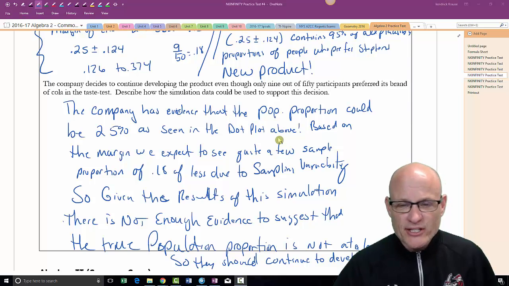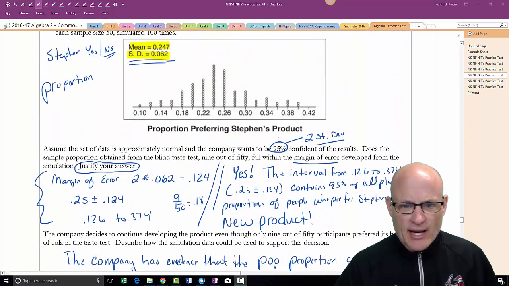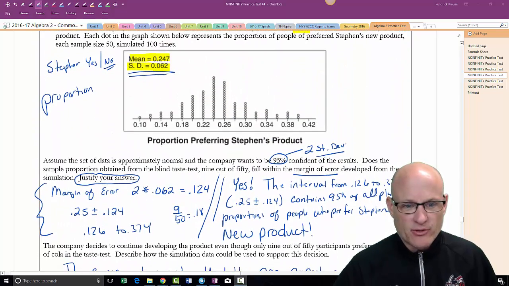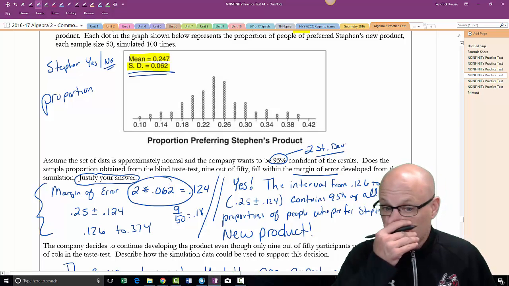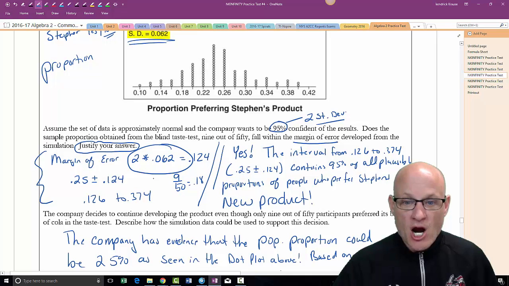Whew. So basically, in this very simple example, you find the margin of error by doing 2 times the standard deviation. We come up with a margin of error. Our sample was within that 95% margin of error.